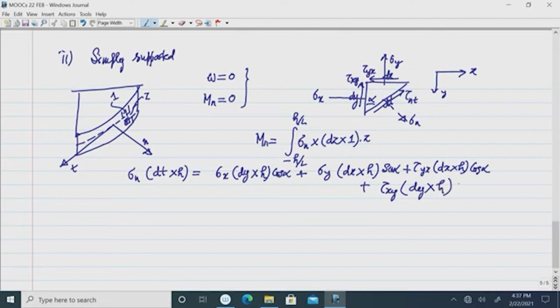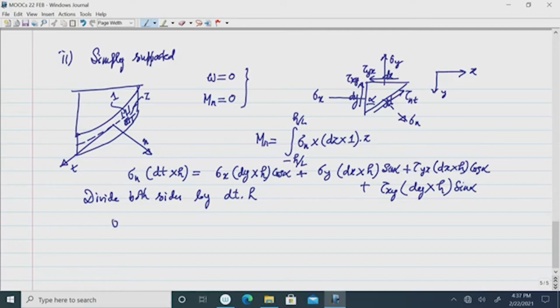So, dy into h into sin alpha. Dividing both sides by dt into h, we will be able to get this very interesting expression.